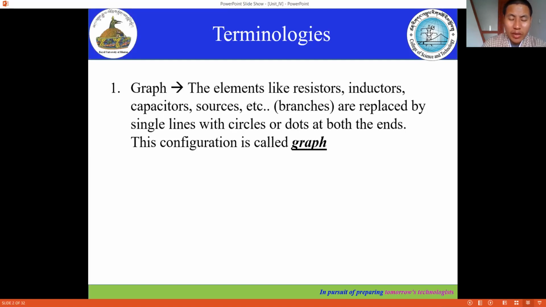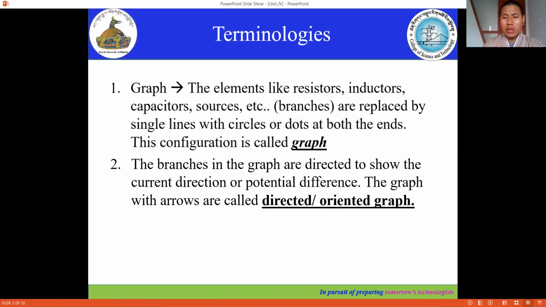Now we have different types of graph: oriented graph or unoriented graph, or we also call it a directed graph or an undirected graph. Again, take the same example: a resistor connected in parallel with the voltage source.